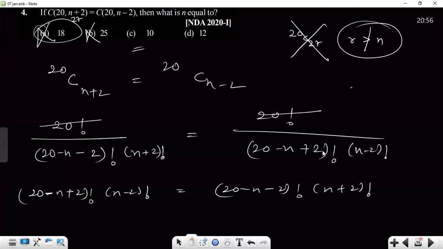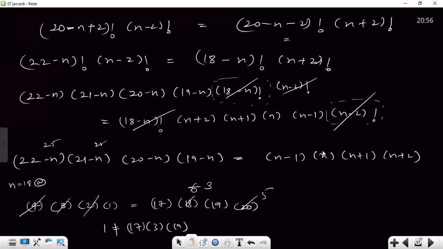Let's take option C then. Considering n equal to 10 as per option C, 22 minus 10 will be 12, 21 minus 10 will make it 11, then 10, then 9, basically four consecutive integers.